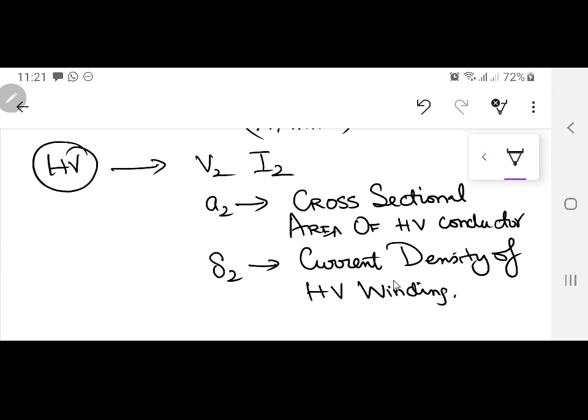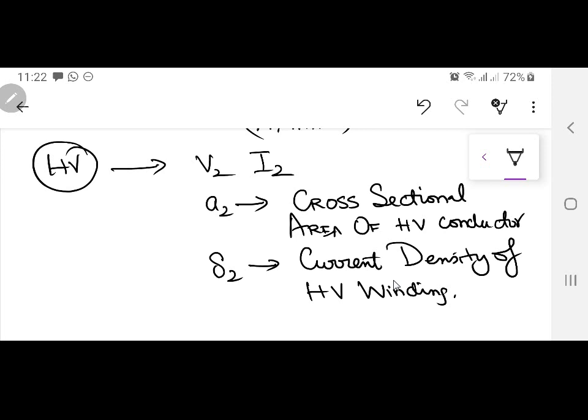Here, one thing very important. Whenever you are having the current densities delta 1 and delta 2, normally if your transformer is small and just air cooled, like this transformer, then you will keep delta 1 and delta 2 the same. But in a case where your low voltage winding is done first, then there is an oil duct through which the oil can flow, and then there is a high voltage winding, the inner winding can have lower and the outer winding can have higher current density, because it can dissipate more heat being on the outside.